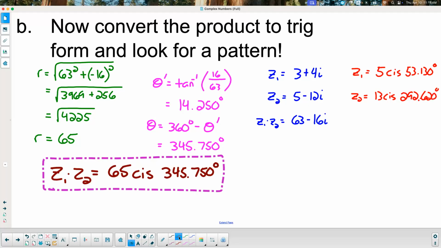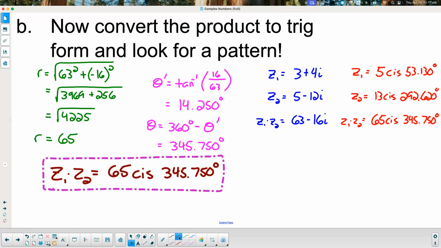And then we said the product, Z sub 1 times Z sub 2, was 65 CIS 345.750 degrees. Red now. Do we see a pattern?